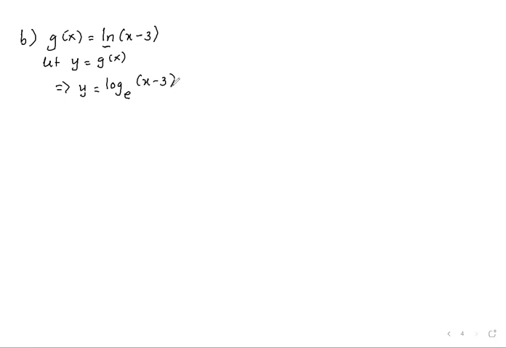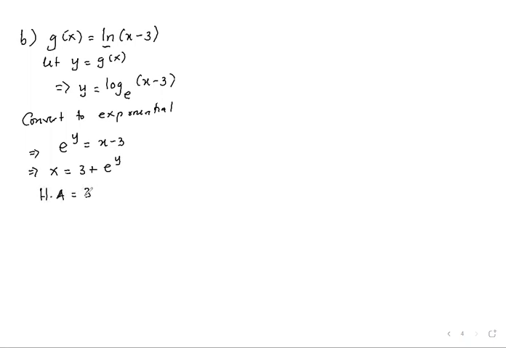Then again, we convert to exponential. So it will become e to the power y is equal to x minus 3, implying that x is equal to 3 plus e to the power y. Well, then now we know that the horizontal asymptote is equal to 3.